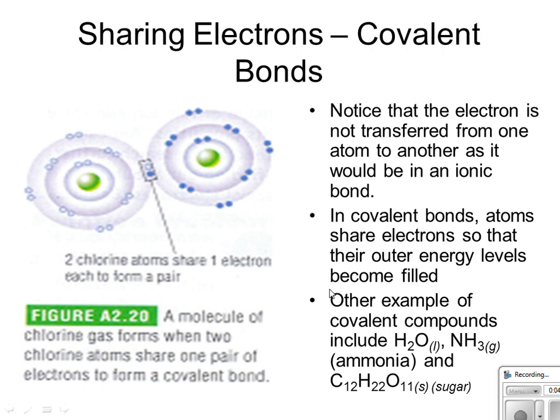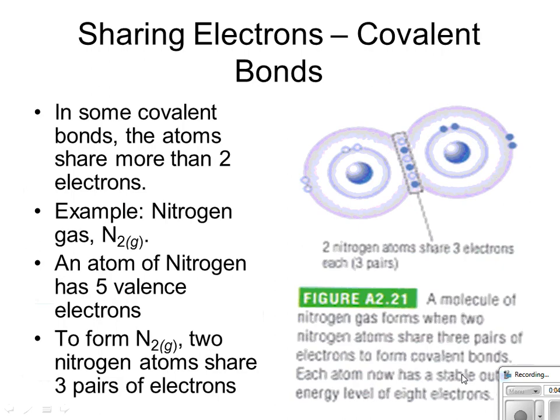So other examples of covalent compounds that you would see would be H2O or water, NH3 ammonia, and C12H22O11 sugar. And so you're going to see this sort of sharing going on so they can be in their most stable format. And it doesn't always have to be they just share one. Sometimes they could share all the way up to 7 and 8 if they need to.